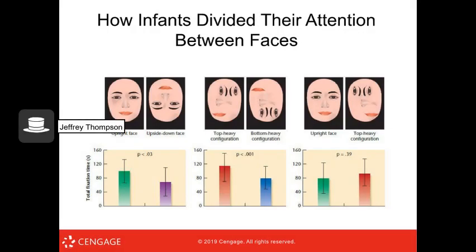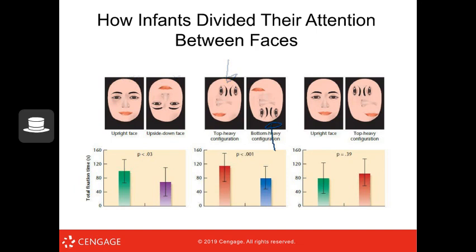We could also see how they prefer certain orientations of faces. So in this case, they prefer the upright face over the upside down face. They prefer a top heavy configuration face, meaning all the parts are where they should be, but they're oriented weird, versus a bottom heavy configuration.